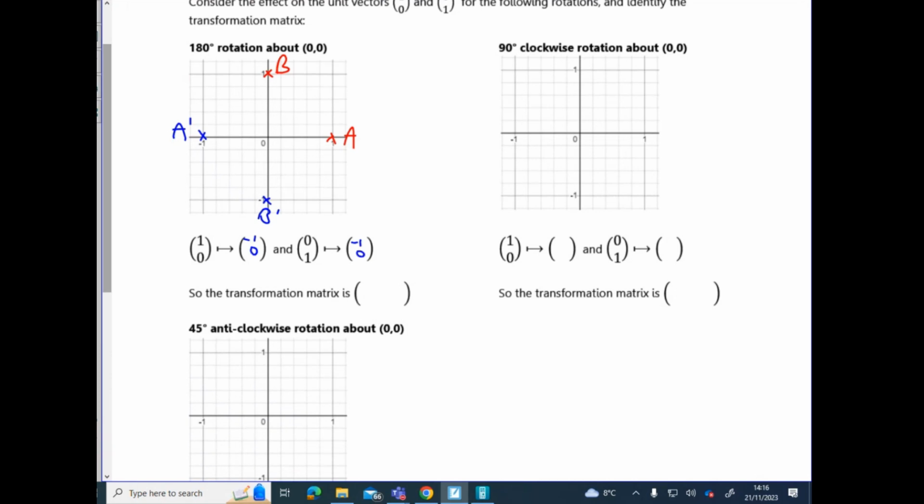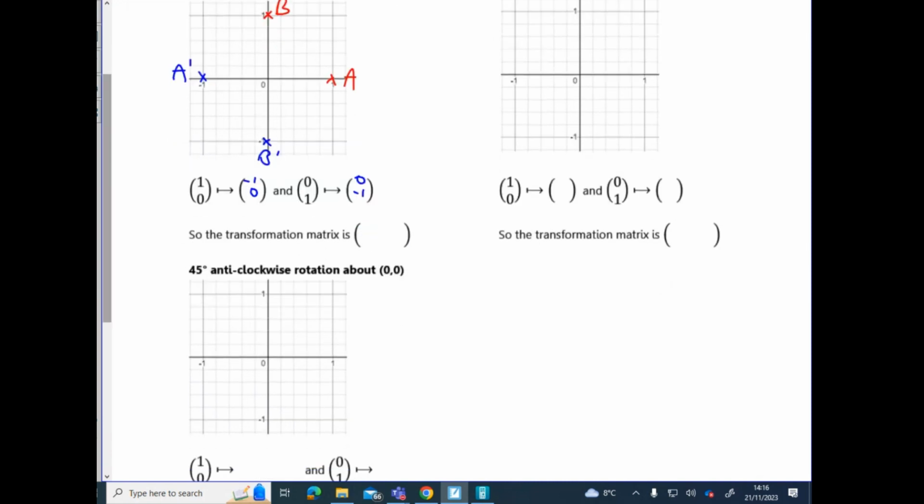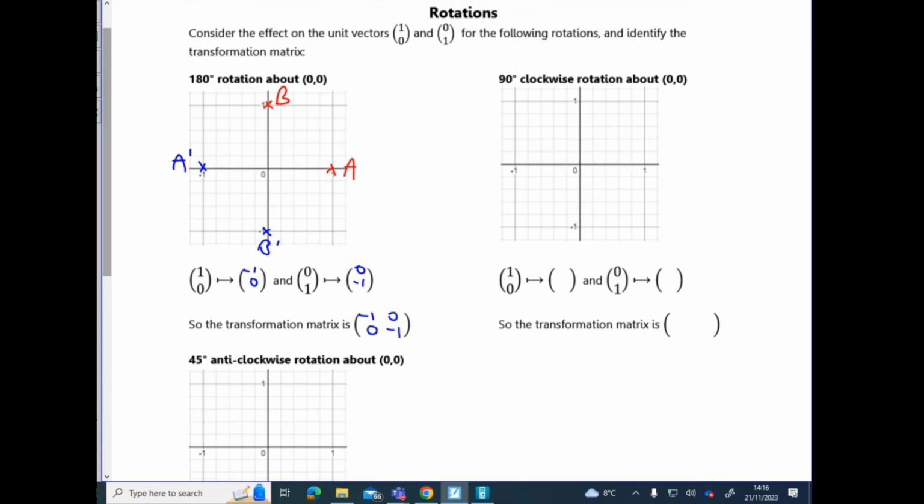And 0, 1 goes to 0, minus 1. So if you put these in the matrix, the rotation matrix for 180 degrees around the origin is minus 1, 0, 0, minus 1. It doesn't matter whether it's clockwise or anti-clockwise because you'll end up with the same. You can obviously do 90 degrees either way as well.